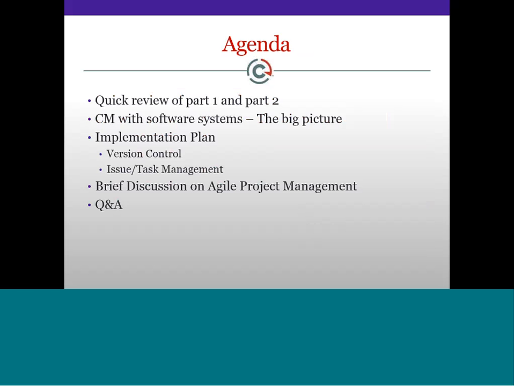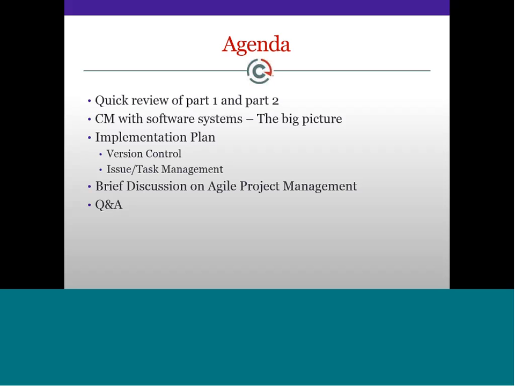So let's go over the agenda real quick, just to see what we're going to talk about. So first of all, we are going to review part 1 and part 2, just to recap what we already discussed. Then we're going to talk about the big picture, what we are trying to get to, what our goals are, and what it would look like.